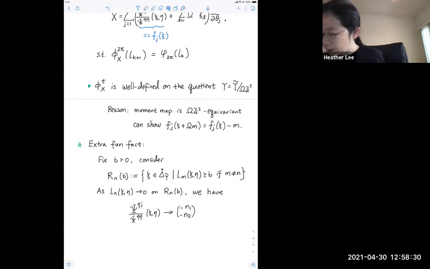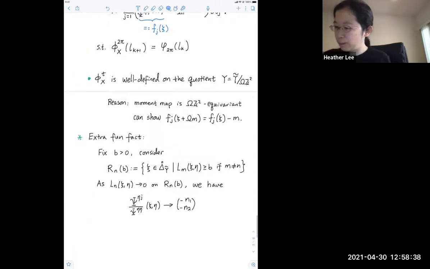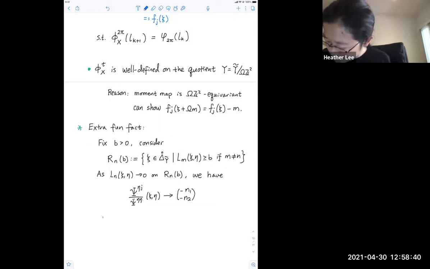If we fix a positive number and consider a region in the moment polytope, suppose our moment polytope is like this octant that's like C3, we fix a positive number B, and we consider this region.